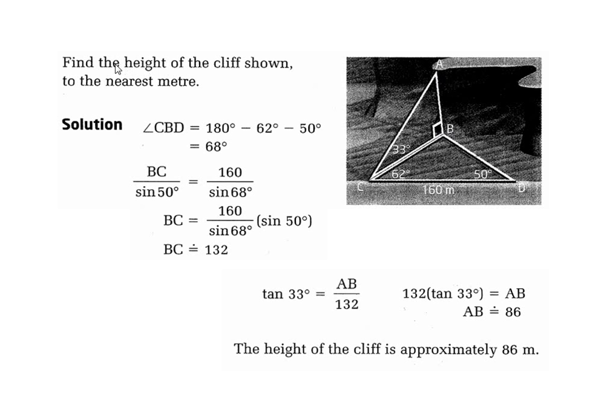Okay, so the requirement here is: find the height of the cliff shown in the diagram. Okay, and the requirement is to the nearest meter. We see here there are two triangles, right?